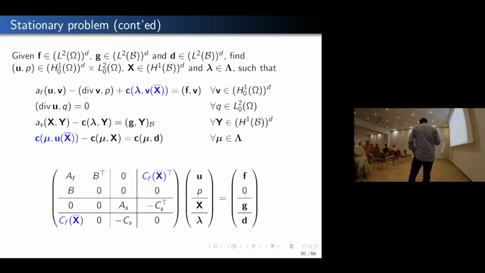I put in blue these two terms, which are the coupling terms, because after Najwa's part, I will explain how to assemble these terms with finite elements, because it involves integration on two non-matching meshes, and it is a crucial aspect of the method. This is the formulation of the stationary problem. Now is Najwa's time.